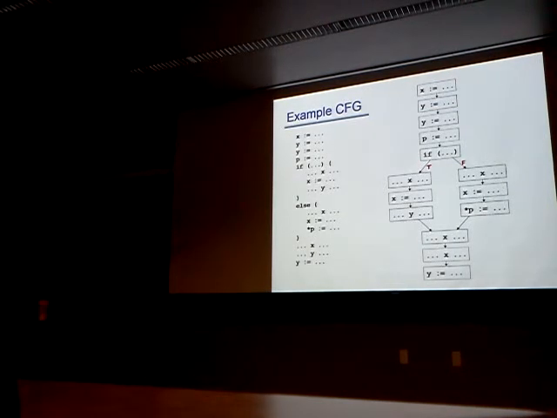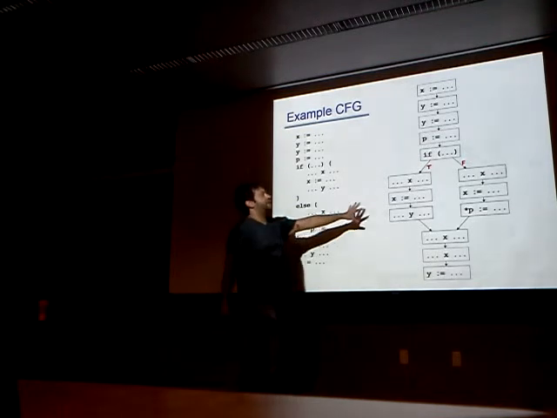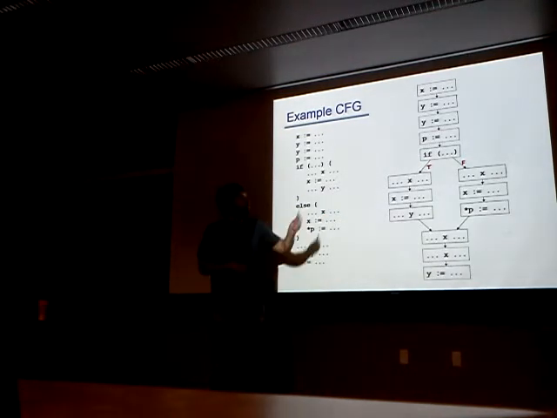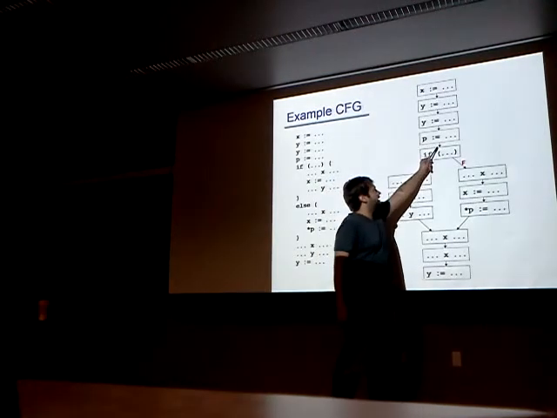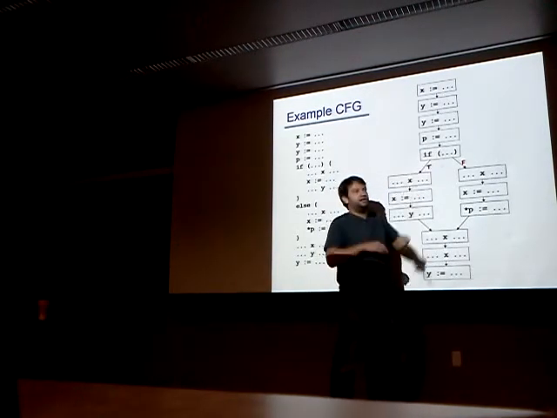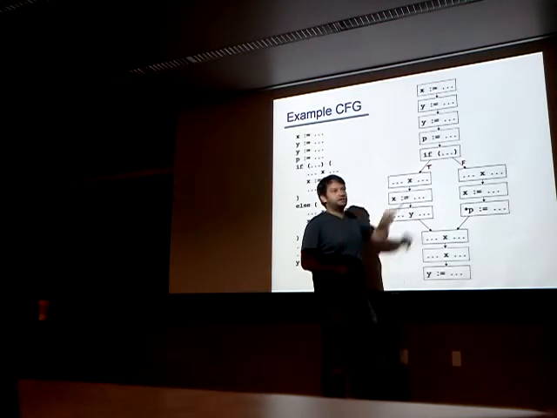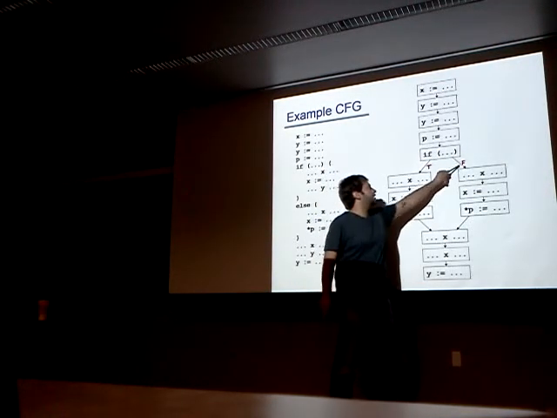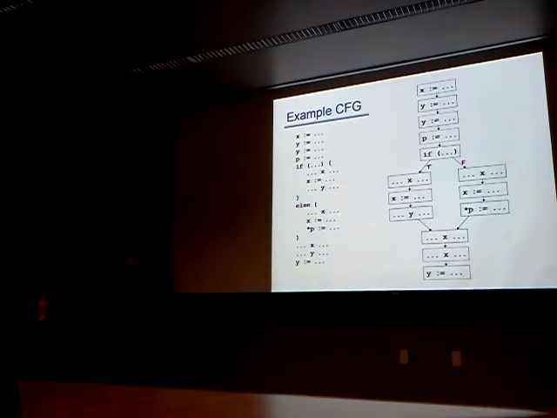Here is a piece of code, and there is a control flow graph for that code. Every node is a statement, and we have edges that represent where the next statements are. This is a conditional. A conditional has 2 branches, a true side and a false side. Okay? Does this make sense?